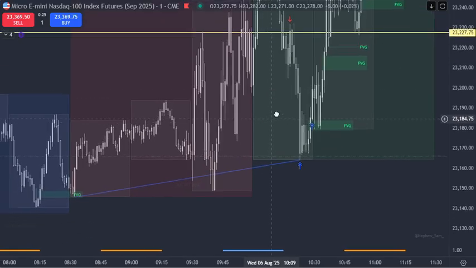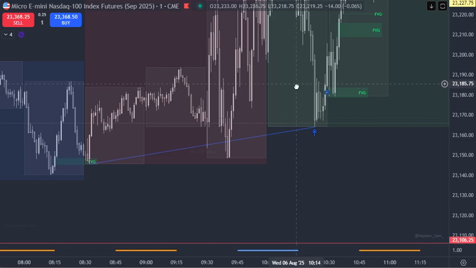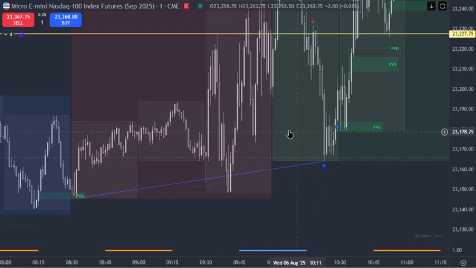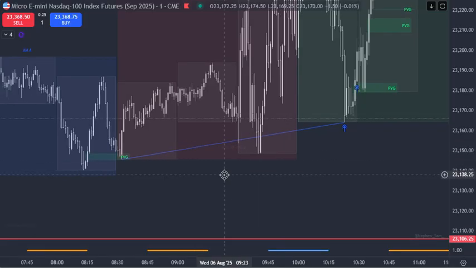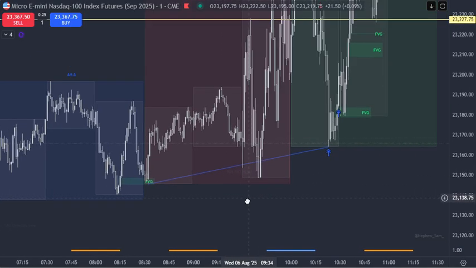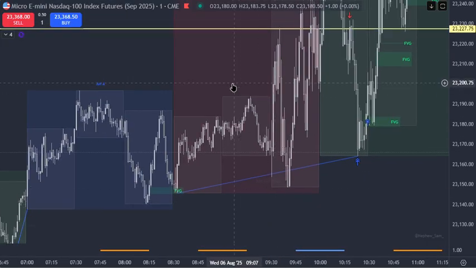This morning, by the time I sat at my computer, I had already missed the long. I sat down somewhere around this time, but I had seen what I was looking for on the higher time frame.